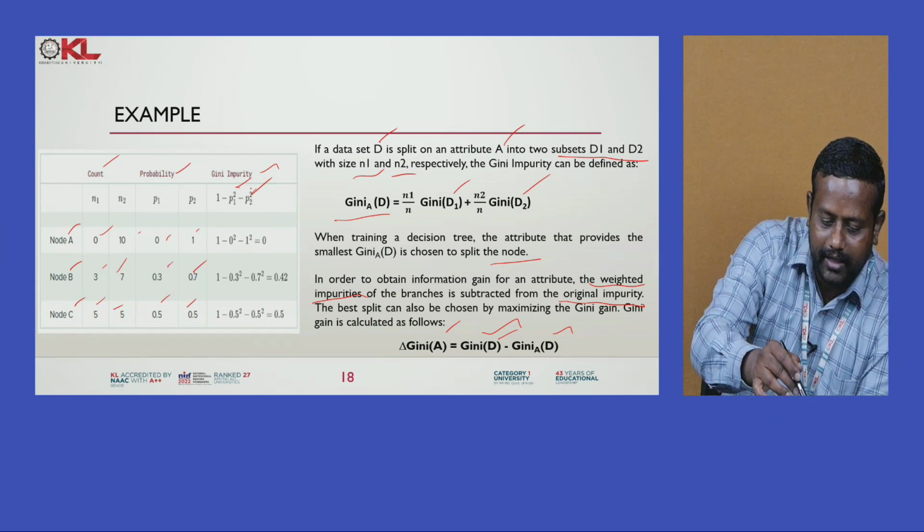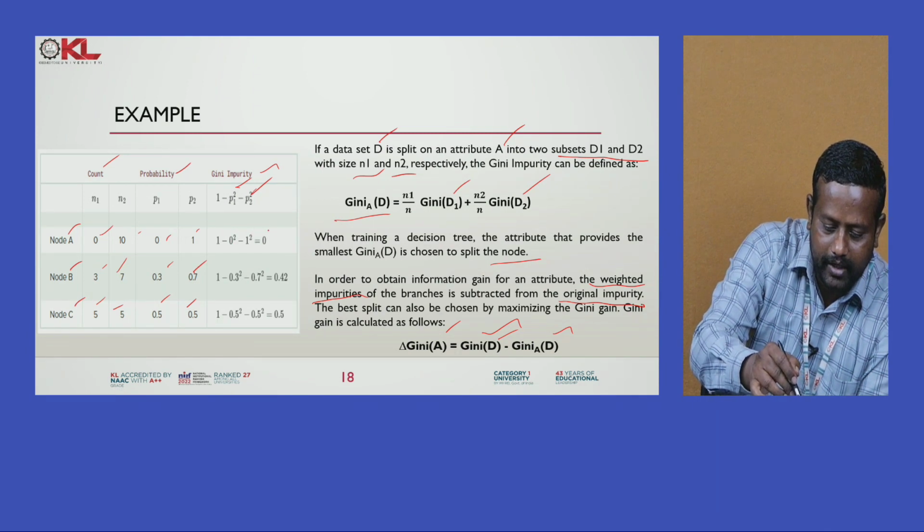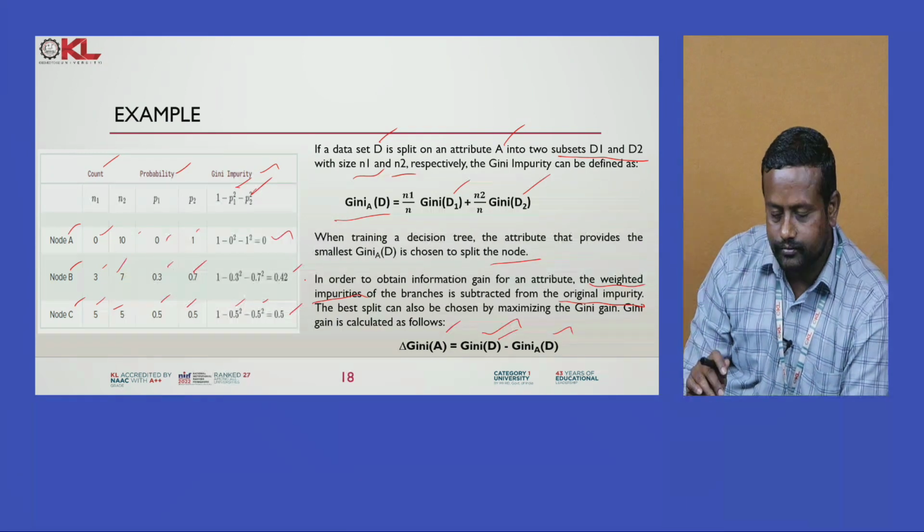Finally we get the Gini impurity values: 1 minus 0 squared minus 1 squared equals 0; 1 minus 0.3 squared minus 0.7 squared equals 0.42; and 1 minus 0.5 squared minus 0.5 squared equals 0.5.